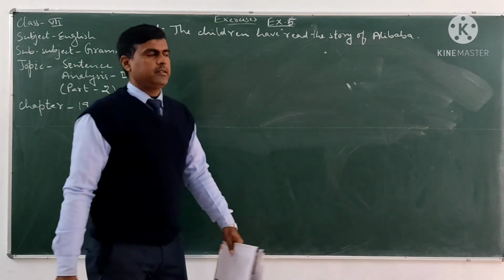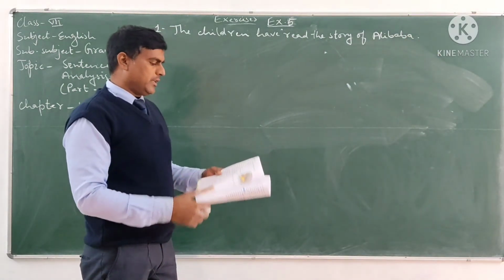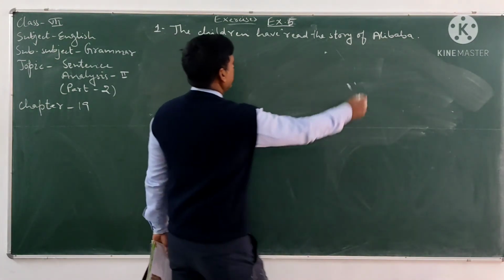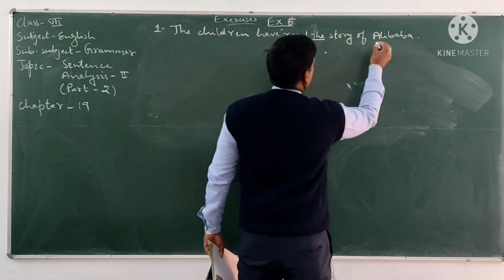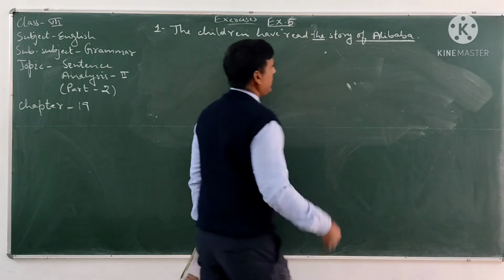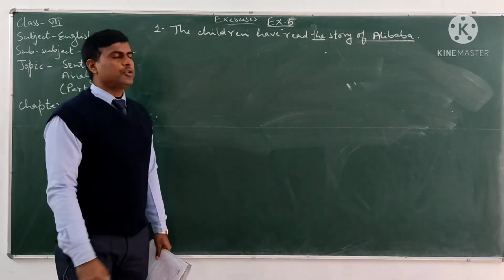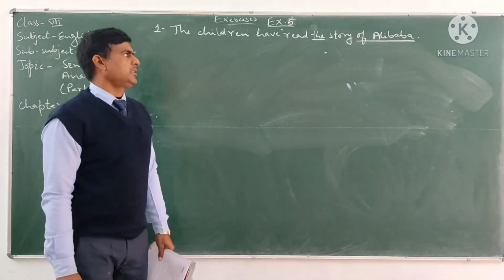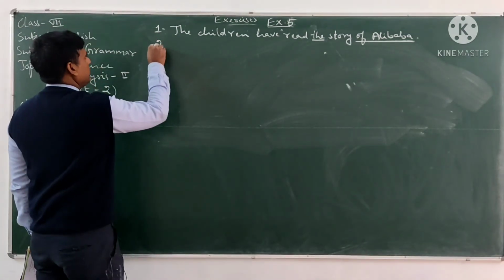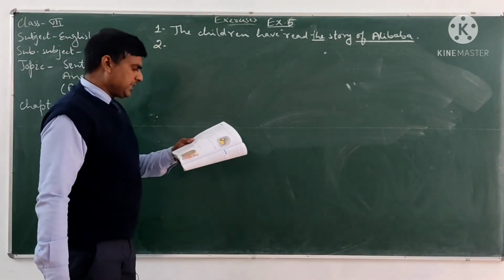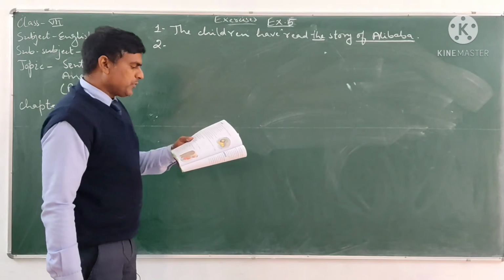In this sentence, we have to underline the enlargements of object. The enlargement of object, the and of Ali Baba. These are the enlargement of object. Story is the object in this sentence. Now see sentence number 2.